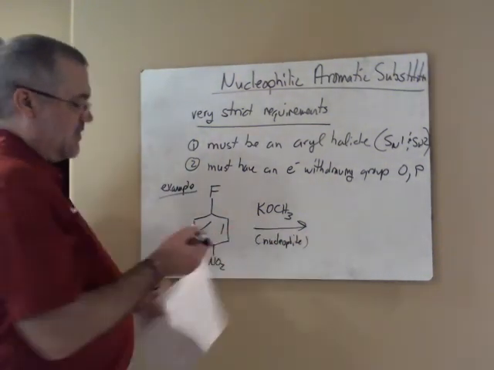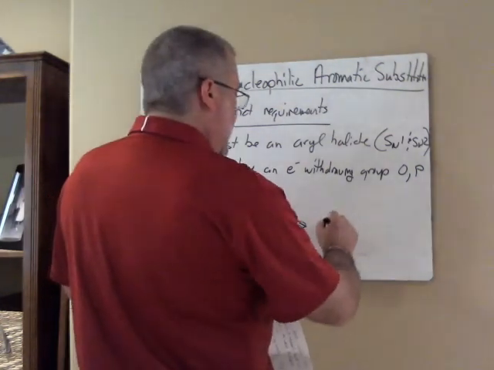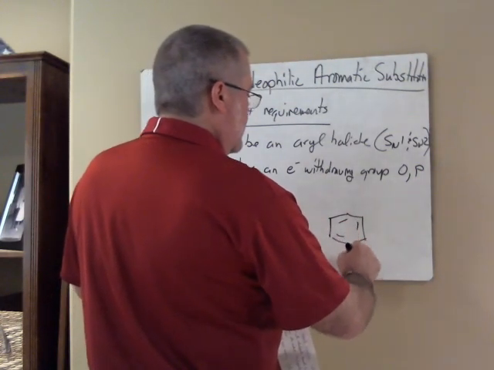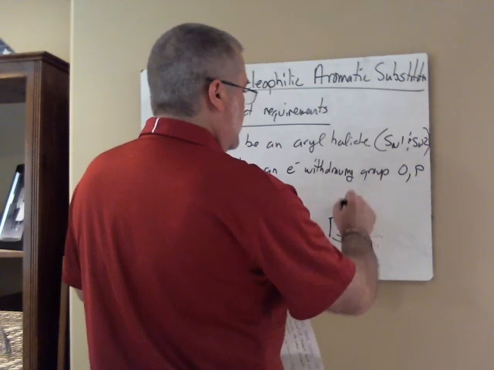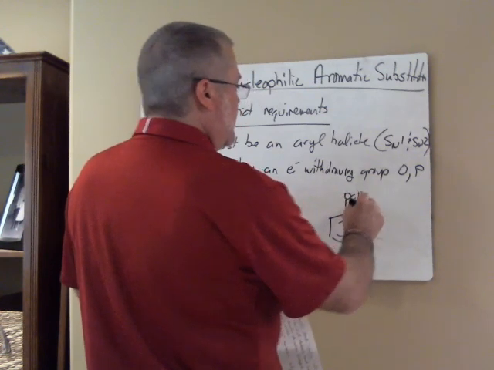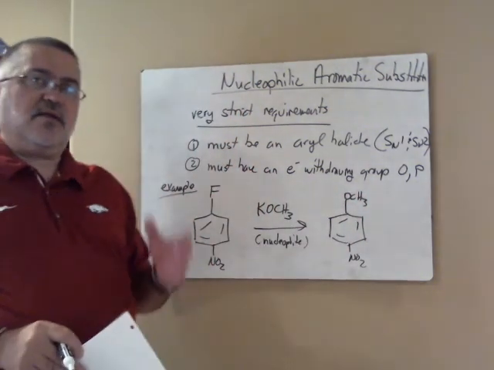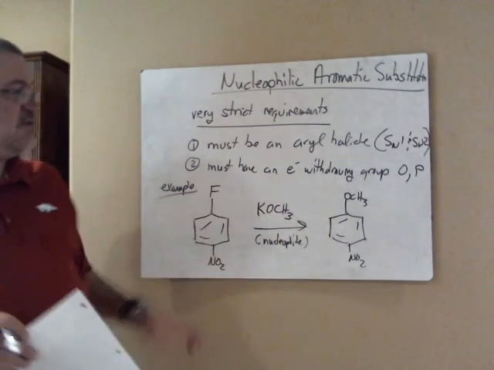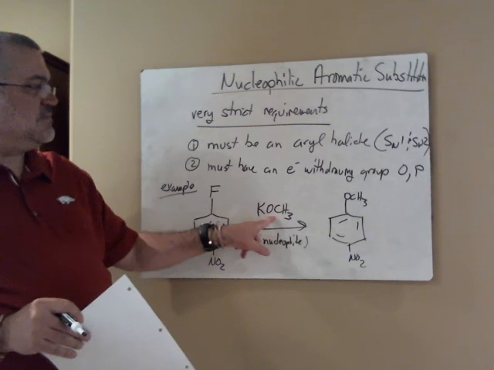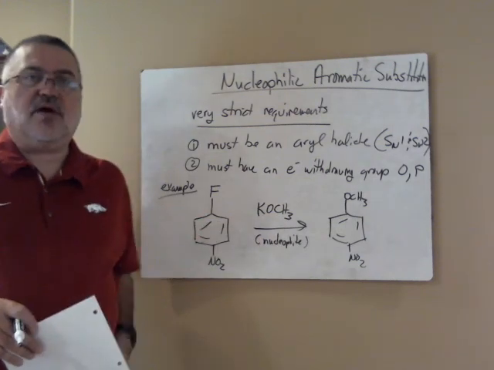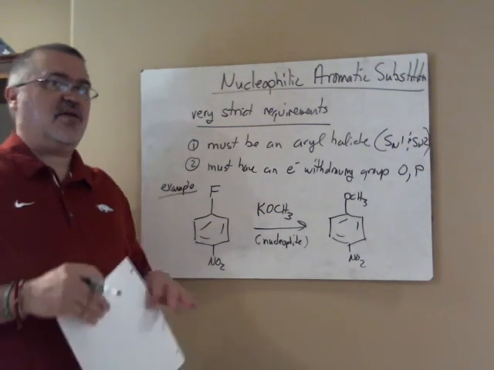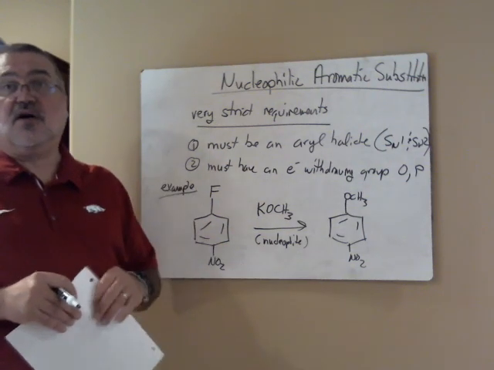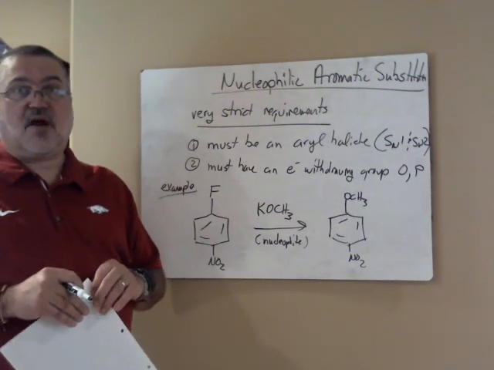So I have a nucleophile, and basically what's going to happen, and this is the good news, is just like we saw in the SN2 reaction, we're going to substitute the nucleophile exactly where the halide was. So the orientation is much different than what we saw with electrophilic aromatic substitution.